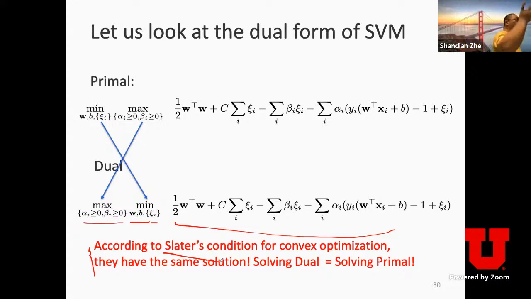Well, I won't introduce the details, but give you a sense that Slater's condition requires that your feasible region, meaning the set of optimization variables which satisfy the constraints, must have at least one interior point, right? Imagine you have some domain, there is at least one internal point, then the dual form is equivalent to the primal form. If all the points stay on the boundary, then it doesn't have such a conclusion.